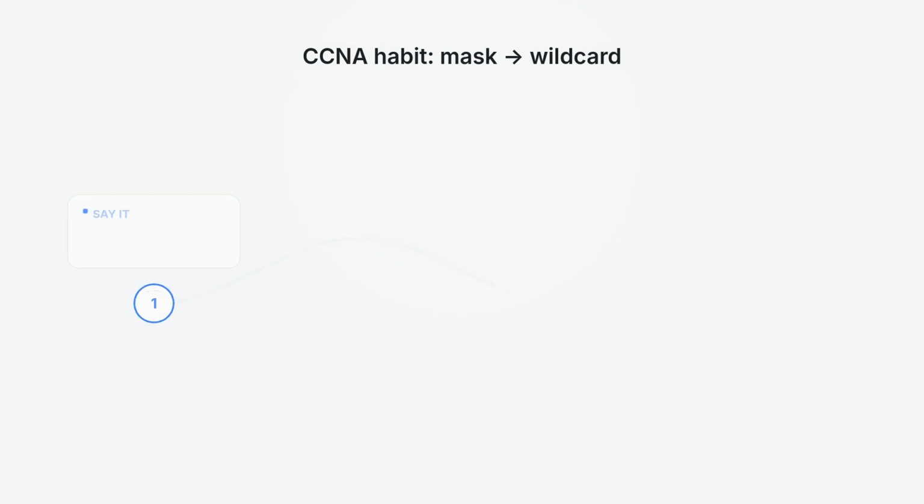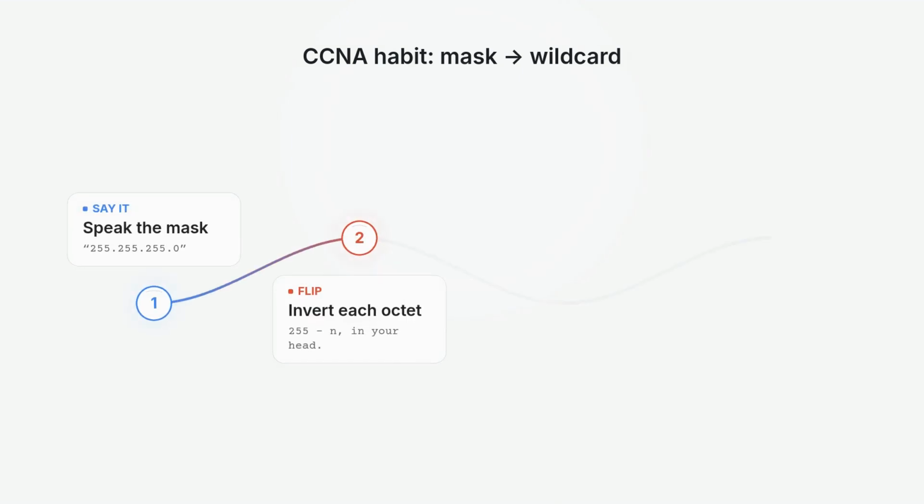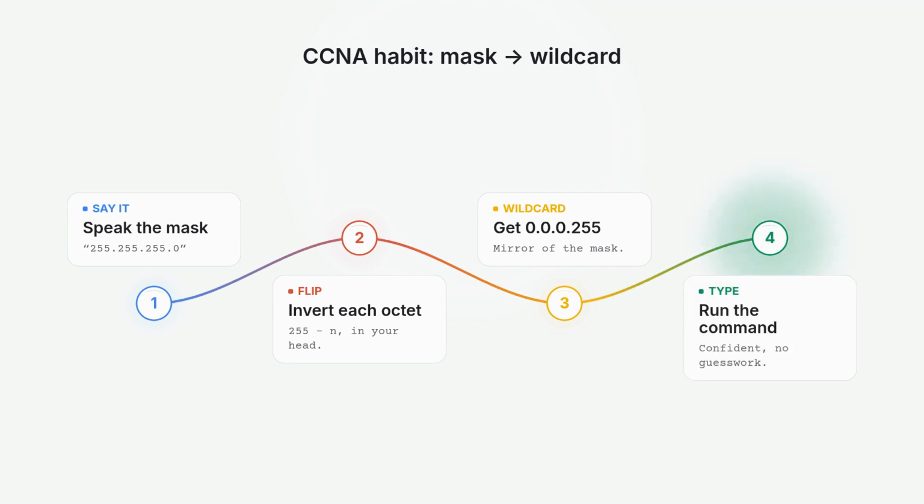For quick conversions, /24 becomes 0.0.0.255, and /26 becomes 0.0.0.63. Miss the inversion, and you'll match the wrong traffic. A great CCNA habit is simple: say the subnet mask, then flip it to the wildcard before you type.